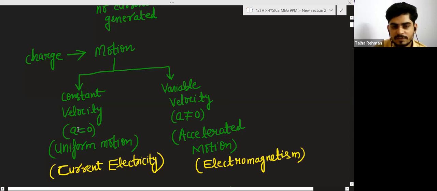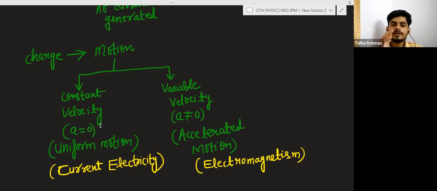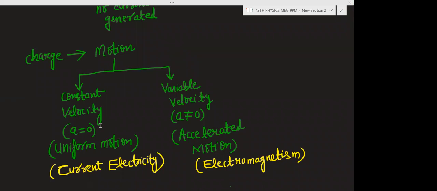Then the acceleration is zero, which means uniform motion. So in this chapter we will only study uniform motion, considering acceleration equal to zero, that is, the motion of the charge with constant velocity.